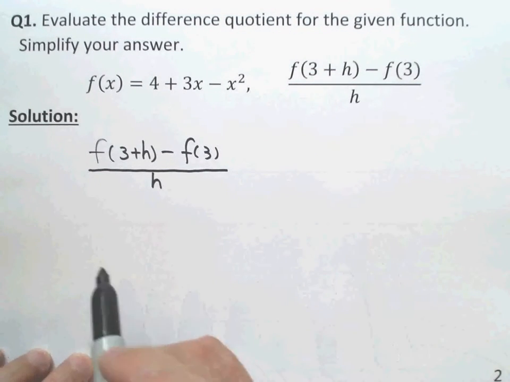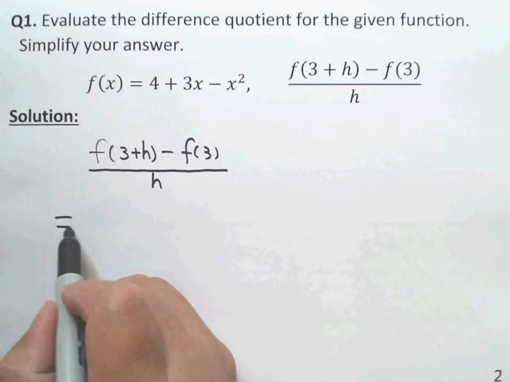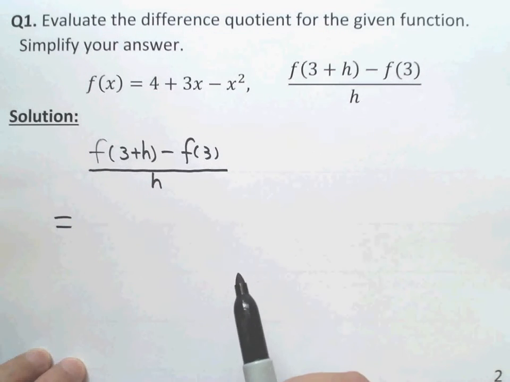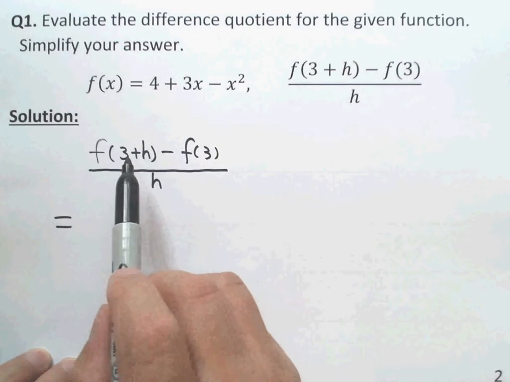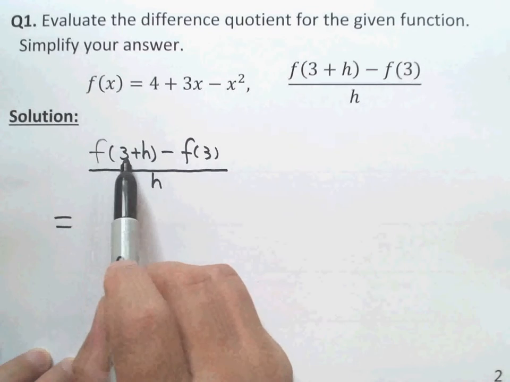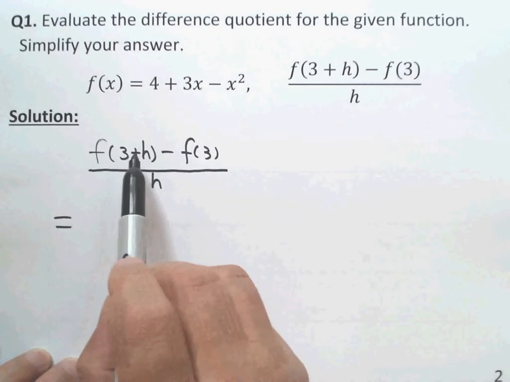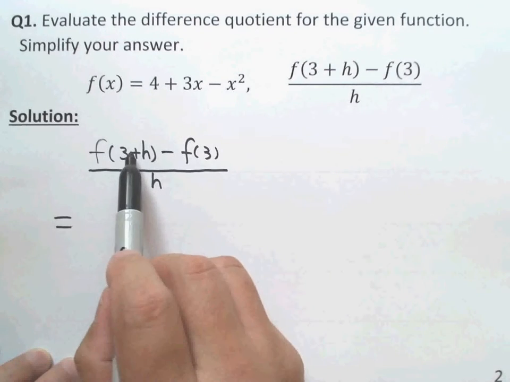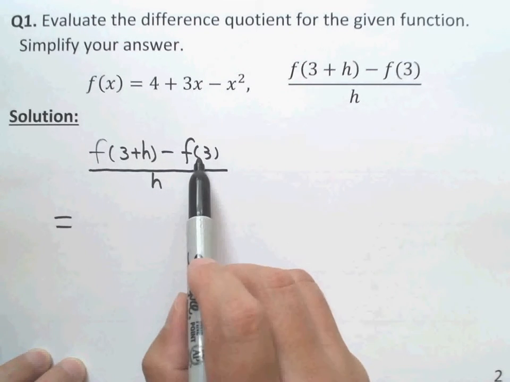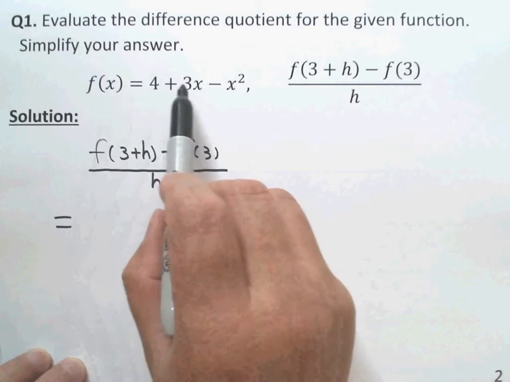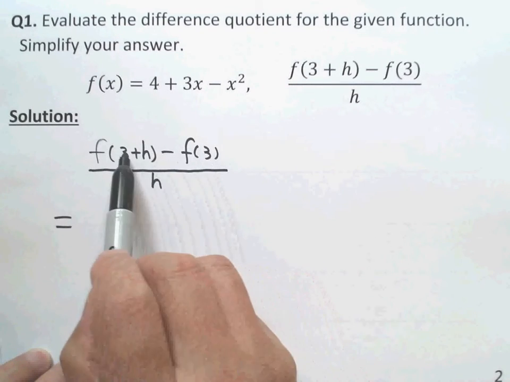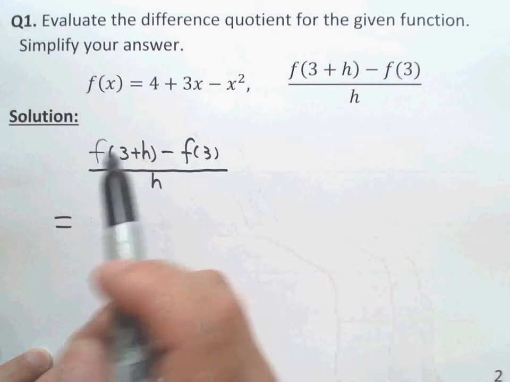We're going to do the evaluation. We evaluate the function at 3 plus h, replacing x by 3 plus h, then evaluate the second, replacing x by 3. Then we do the calculation to simplify.